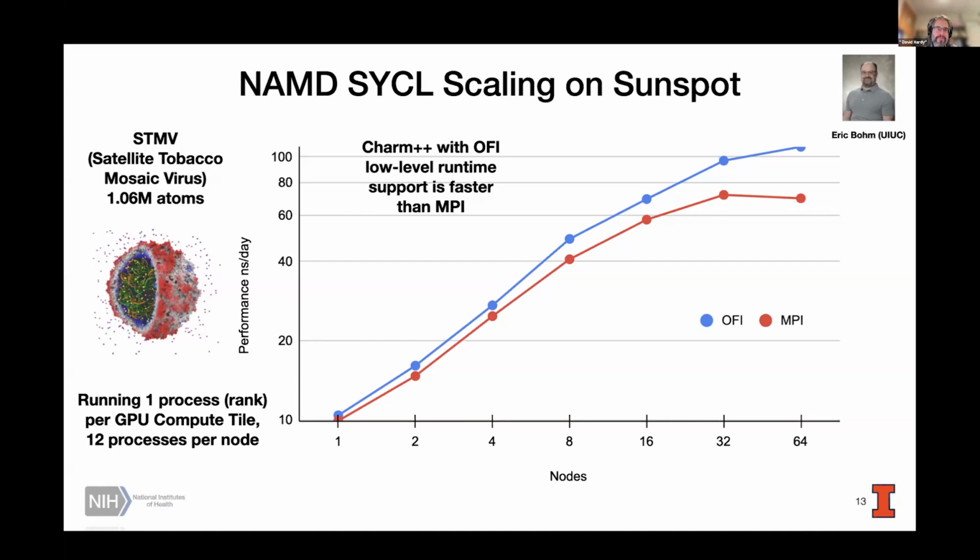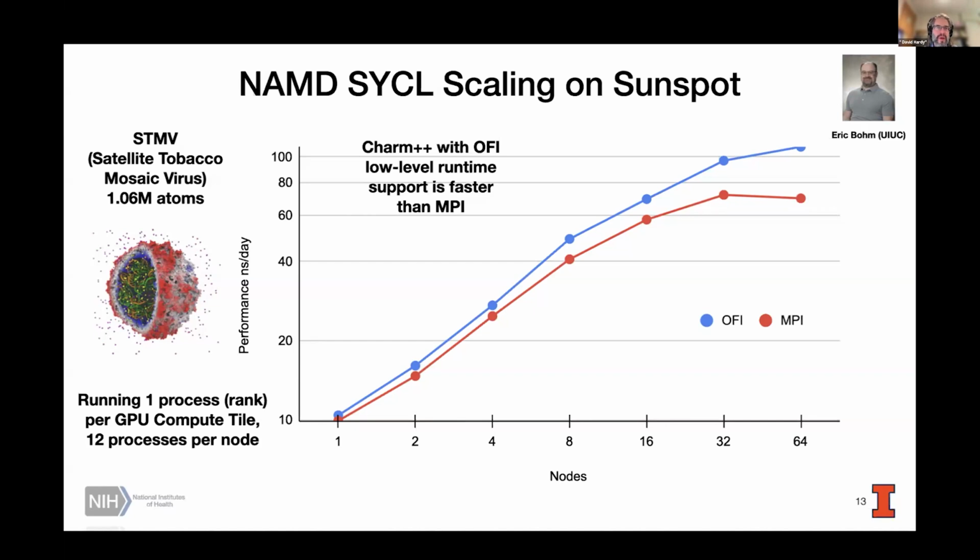And so here in this plot, this is kind of characteristic of all the plots that I show. The performance is measured in the number of simulated nanoseconds per day, versus the number of nodes.